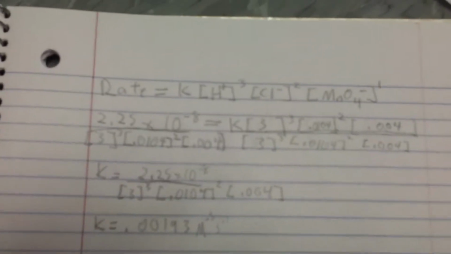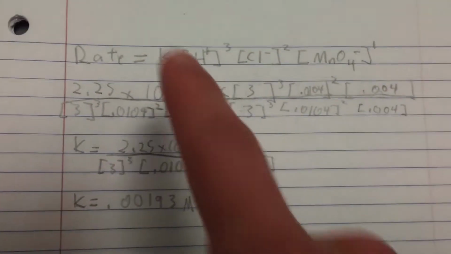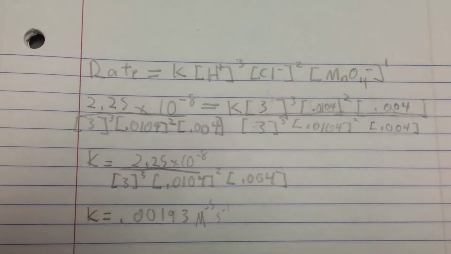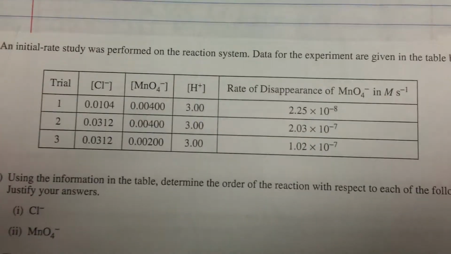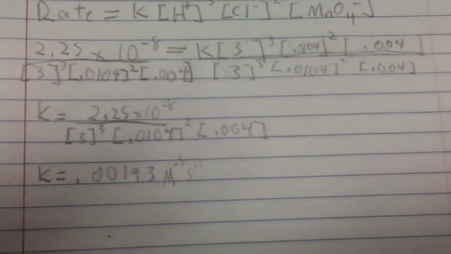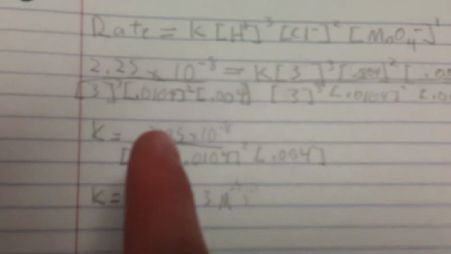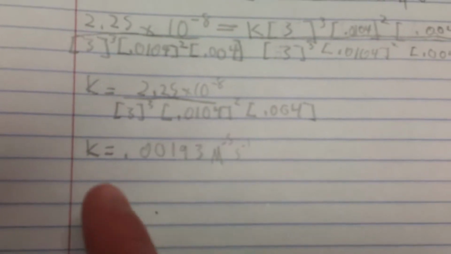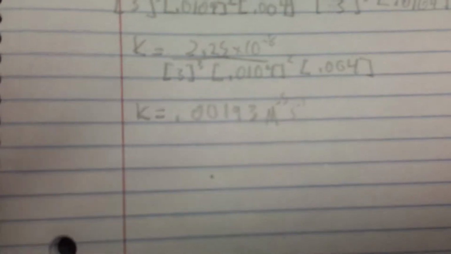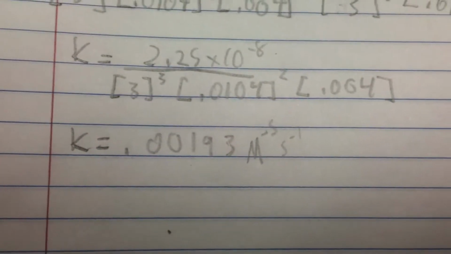Solving for K, you take the rate law that we found, and you just plug in one of the trials. So I plugged in trial 1, and you solve for K. You do the algebra, divide each side by all these numbers, and you get K equals that over all that. And when you put it in your calculator, you should get a number that looks like that.